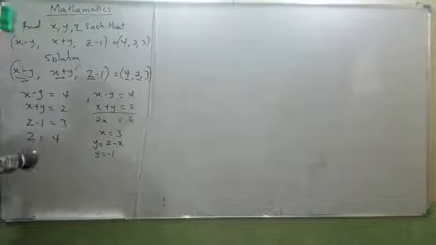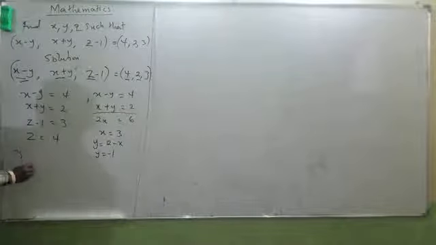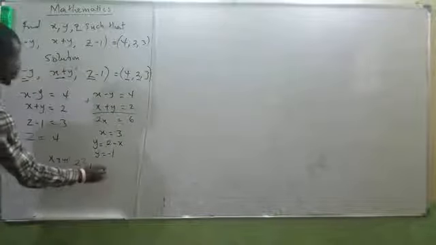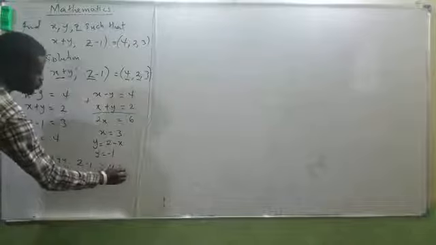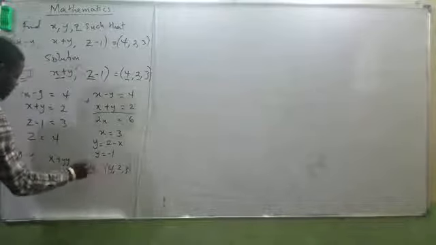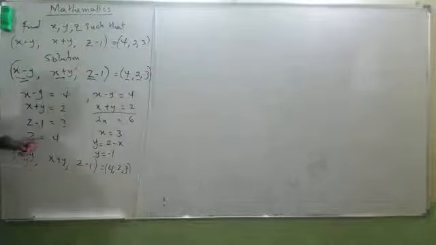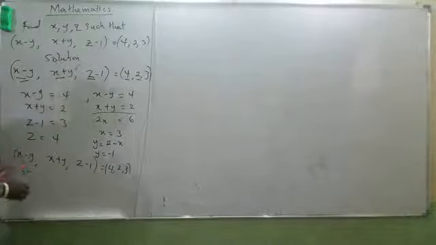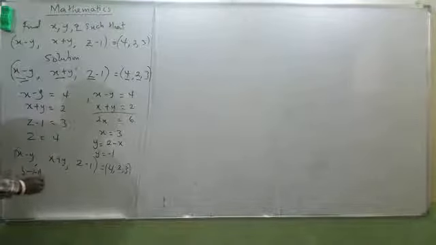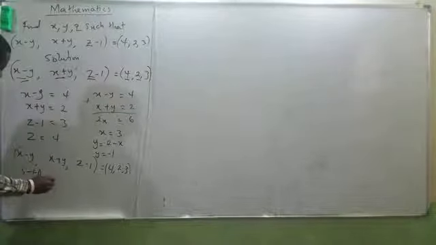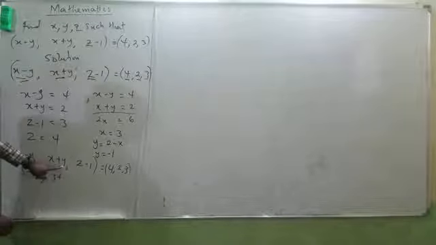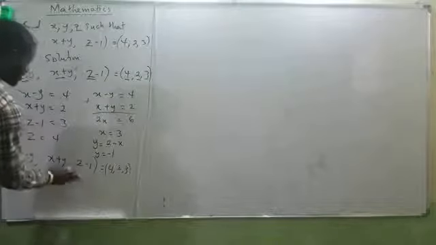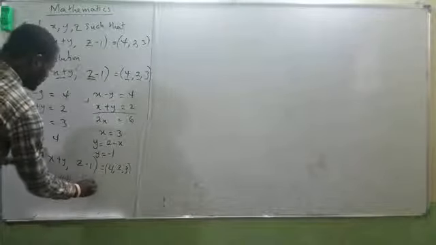Now, look at this. (x − y), (x + y), (z − 1) will be equal to 4, 2, 3. Let's try to work it out. What is my x minus y? It is 3 minus (−1). What is my x plus y? It is 3 plus (−1). And my z minus 1 is 4 minus 1.